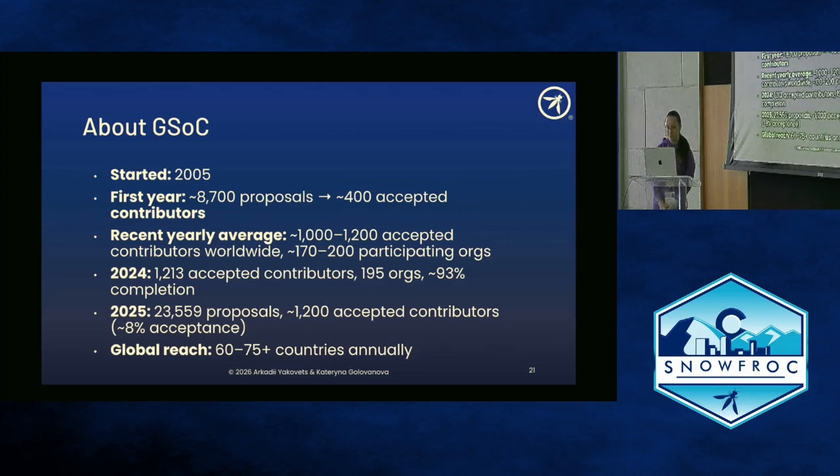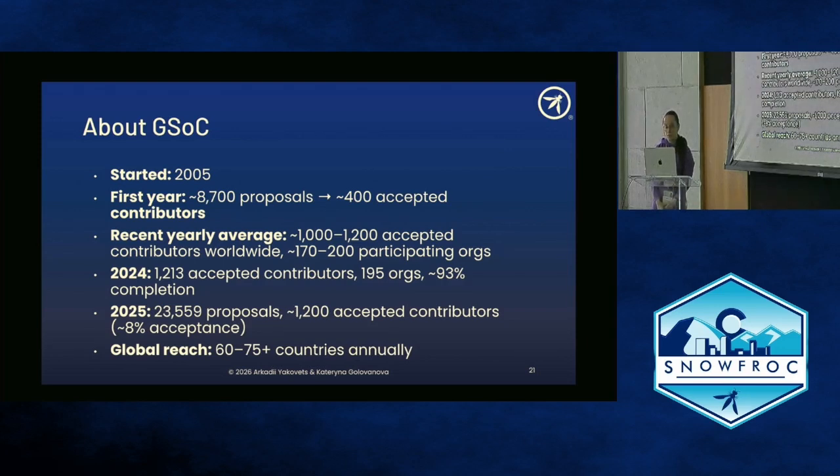in the program. So in the first year, for example, they had almost 9,000 proposals that students submitted, and like 400 were accepted. In recent years, around 1,200 accepted contributors worldwide, and around 200 participating organizations this and past year.